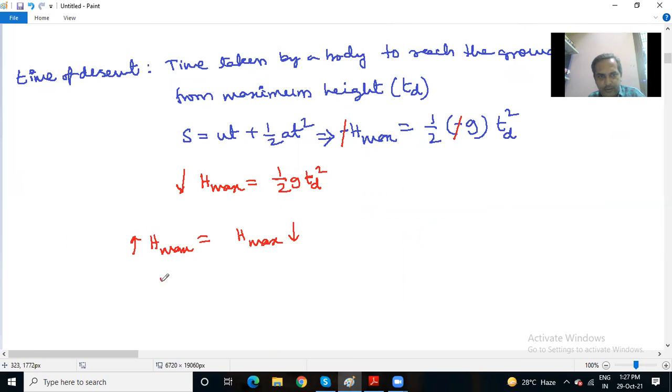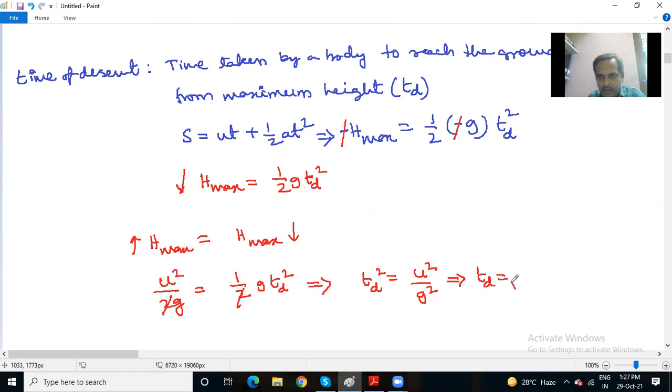While going upwards you got u square by 2g, while coming downwards you have got half g TD square. The 2 and 2 get cancelled, g will come down, so you will write TD square is equal to u square by g square. Then you can also write TD is equal to under root of u by g whole square. The square and root cancel, so the time of descent equation is u by g.